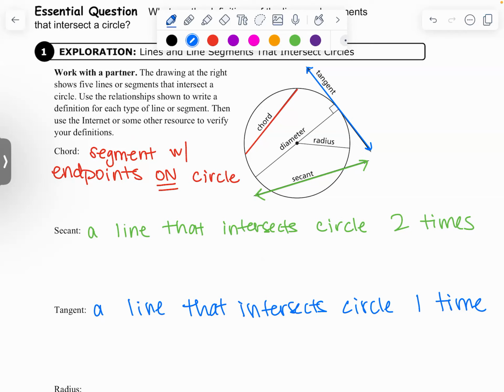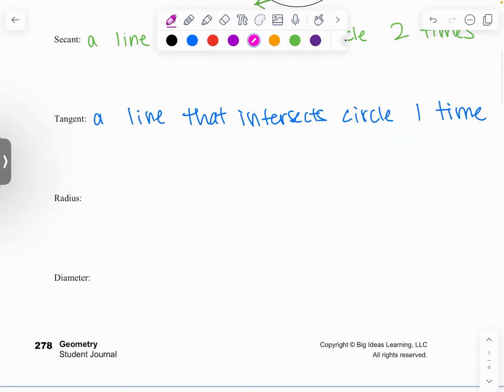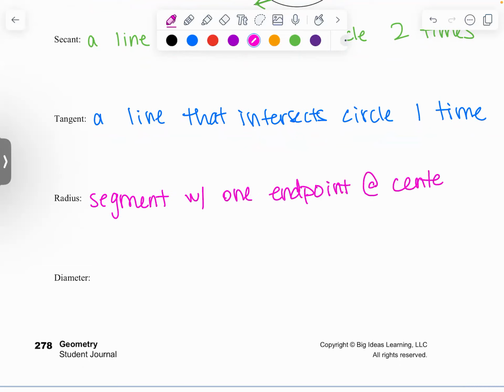Okay, now I feel like you already know what a radius and a diameter are, right? Where does the radius start? Okay, so a segment with 1 endpoint at the center and 1 endpoint on the circle.